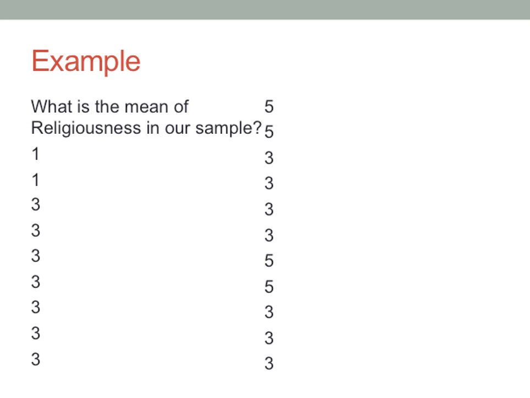So, when you add up each of these values, 1 plus 1 plus 3 plus 3 plus 3 plus 3, etc., you would get 64, and there are 20 total values. So 64 divided by 20 is equal to 3.2. So if we had a group of religiousness scores, these ones that you can see, the mean would be 3.2.